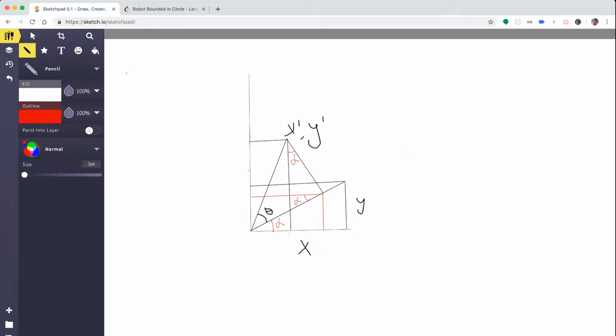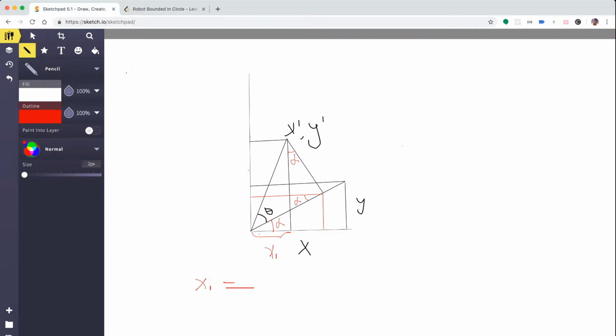So now we calculate x1. This is x1, which is this part minus this part. We first calculate this part.